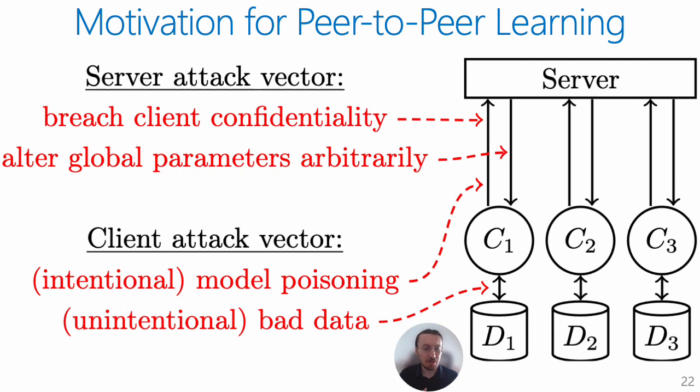If we now focus on malicious clients, they may attempt to, for example, lower the quality of the trained model by sending distorted model updates. This may take the form of both intentional model poisoning attacks and, for example, unintentional problems such as errors in computation and skewed or incorrect local data sets.